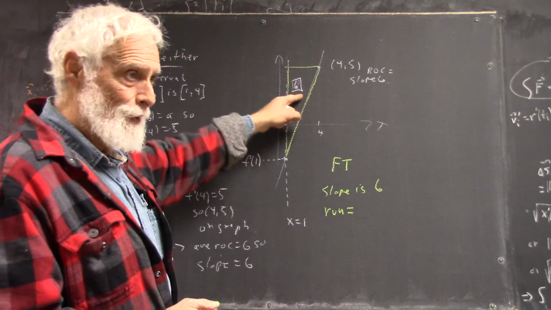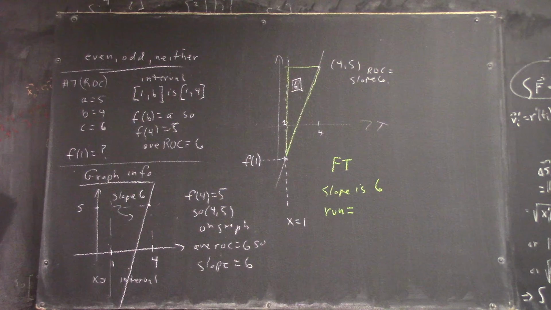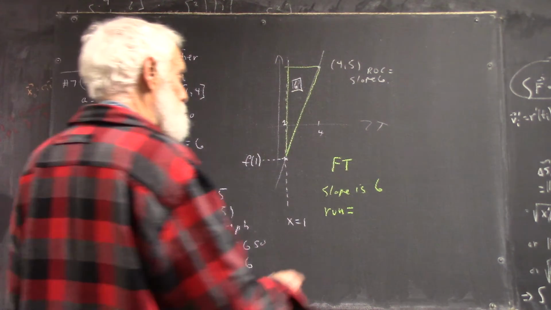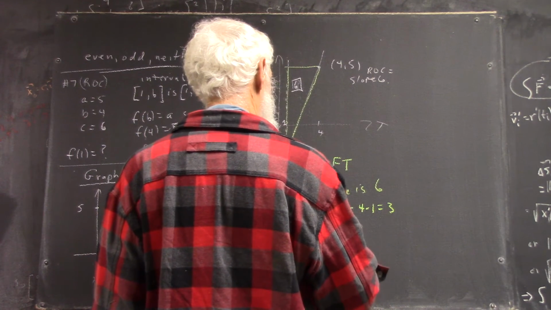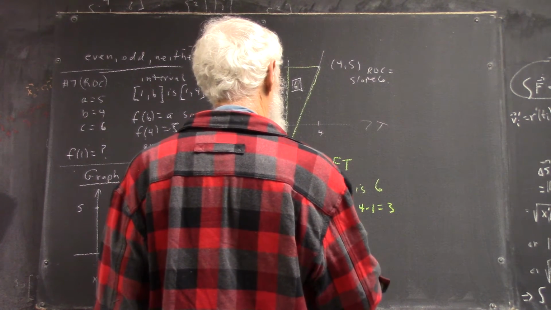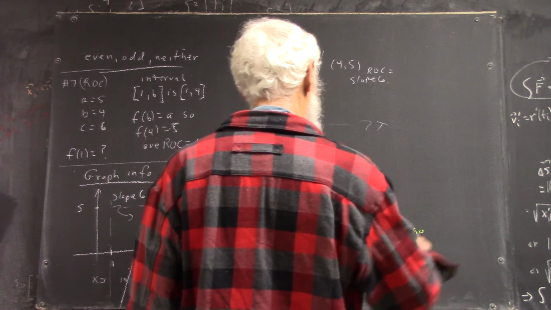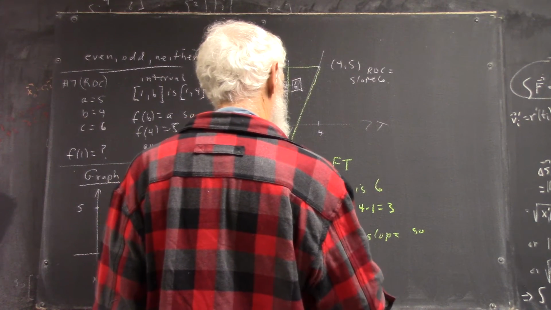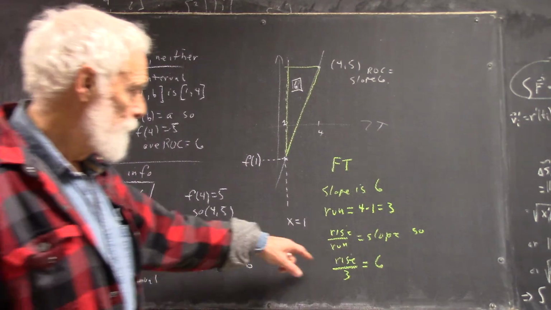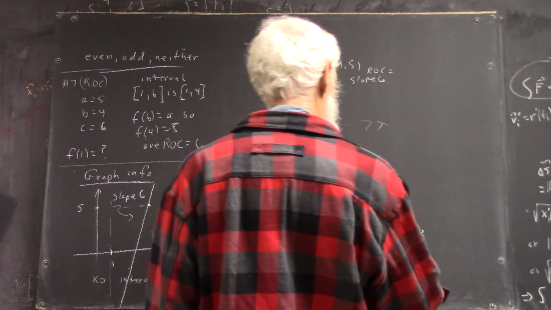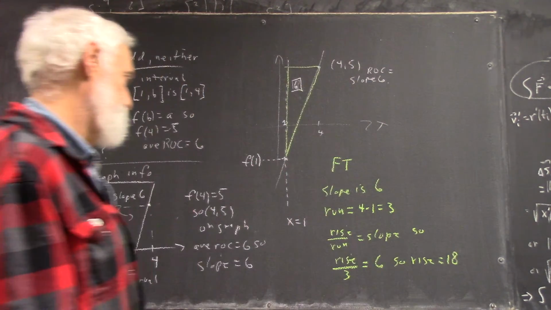If we draw this picture carefully, that's what we get, right? And then rise over run equals slope. We don't know what the rise is, but the run is 3 and the slope is 6, right? Rise over 3 equals 6. So the rise is 18.